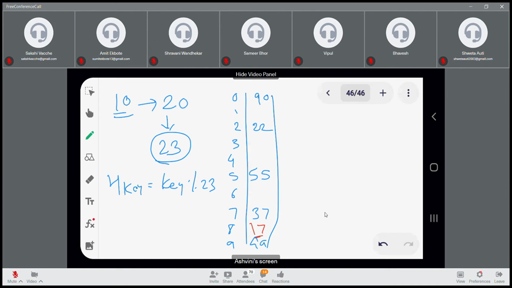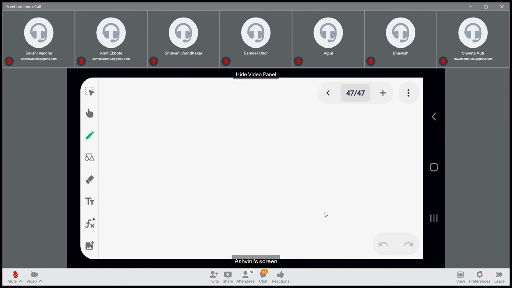Now let's check the values again with the mod function: 37, 90, 55, 22, 17, 49, 87. Mod 10, sorry, mod 23 now.